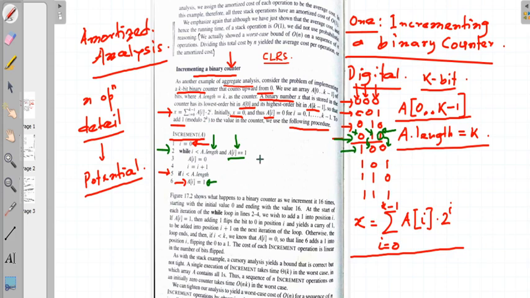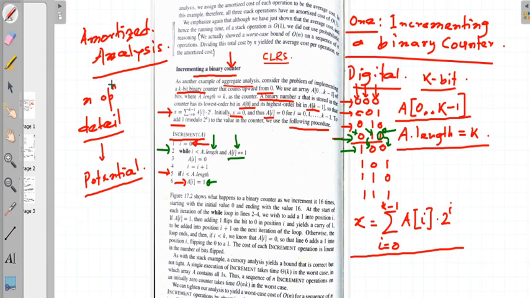So this is the procedure which is written here. Now you see how amortized analysis comes into the picture. We are having a sequence of n increment operations.